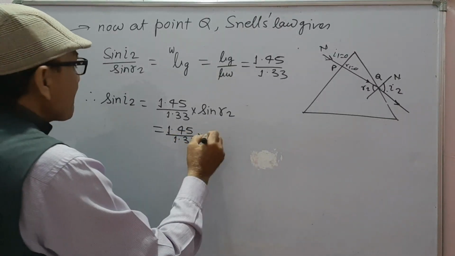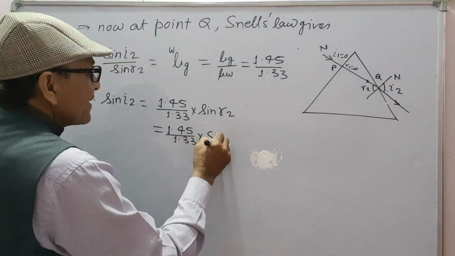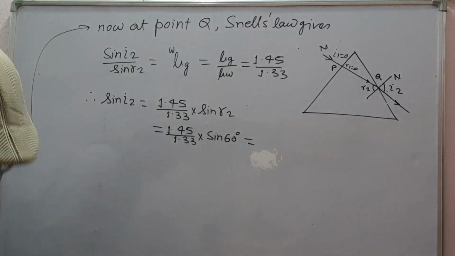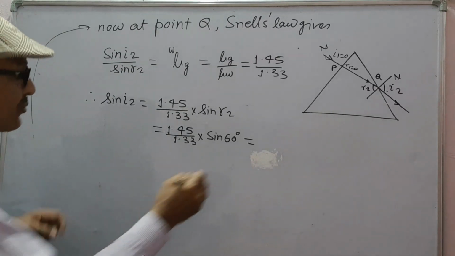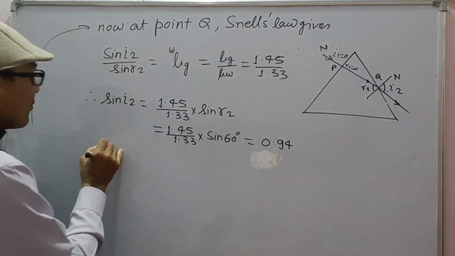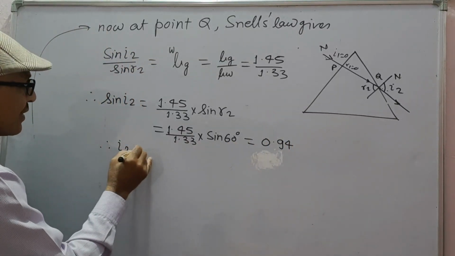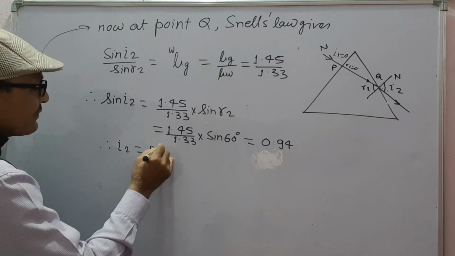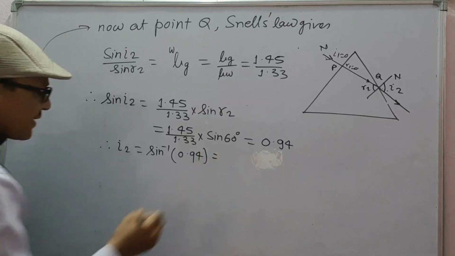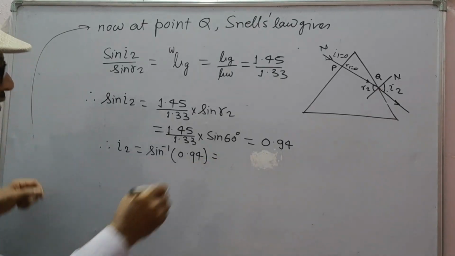R2 is 60 degree. We get sin I2 as 0.94, which gives I2 as sin inverse of 0.94, that is 70.05.